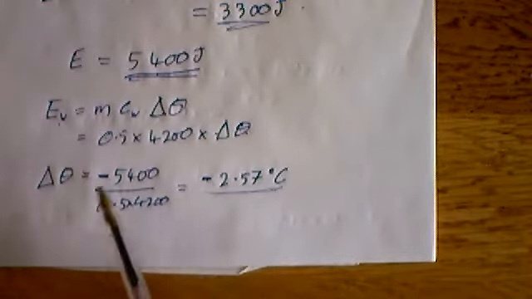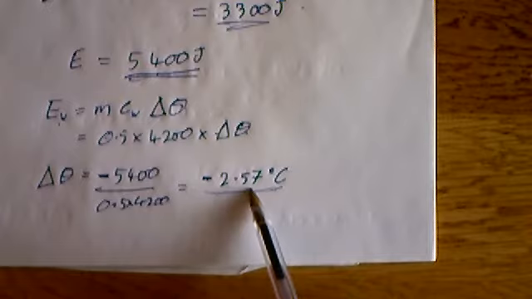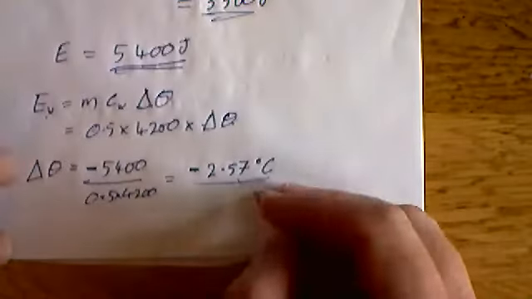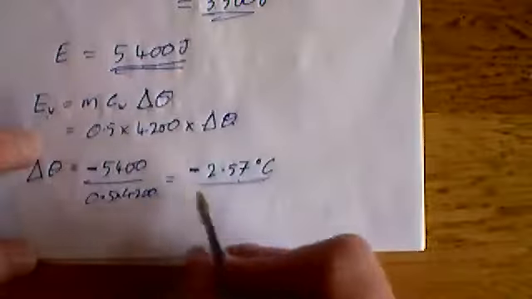This is just how much the water in the glass has dropped as the ice has melted. Okay, so the temperature of our water in the glass was 30 degrees.